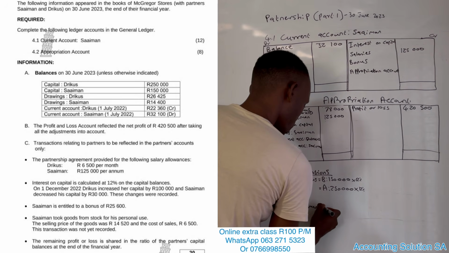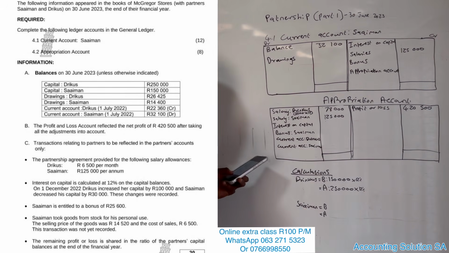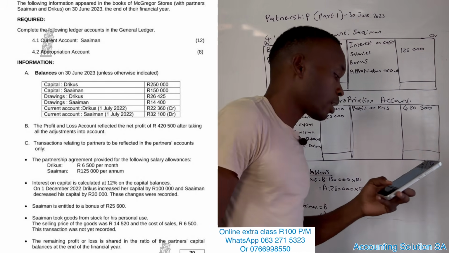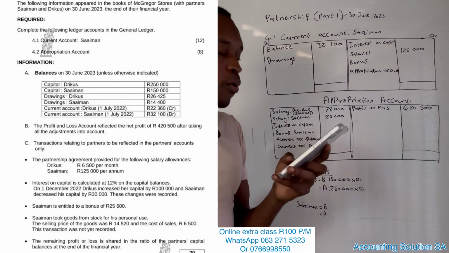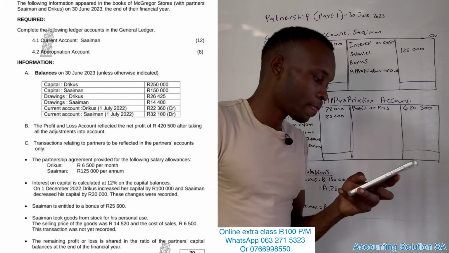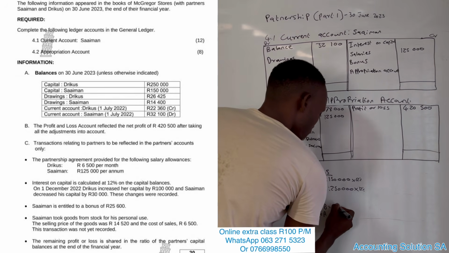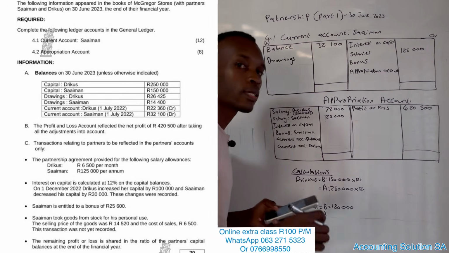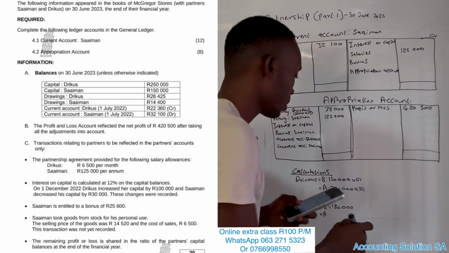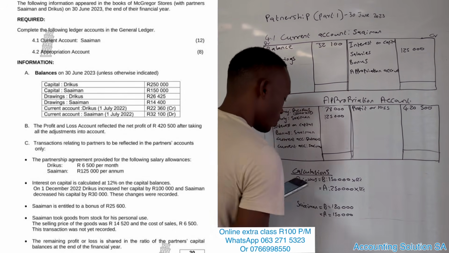Simon, we're going to have before decrease and after decrease, because this one he didn't increase, he just decreased it. Before it decreased to 150, how much was it? Before it decreased by 30,000, it was more. It was 180. And when he decreased it by 30,000, it became 150, the one you see on the question paper.